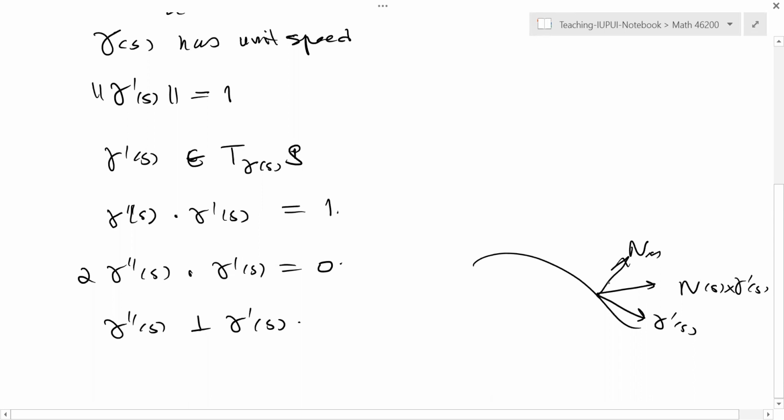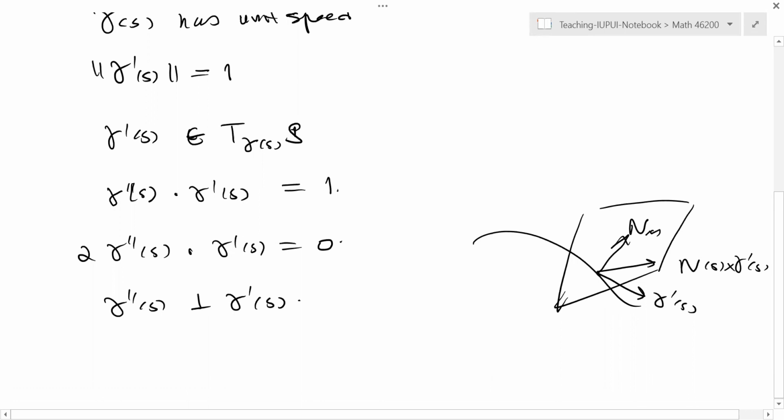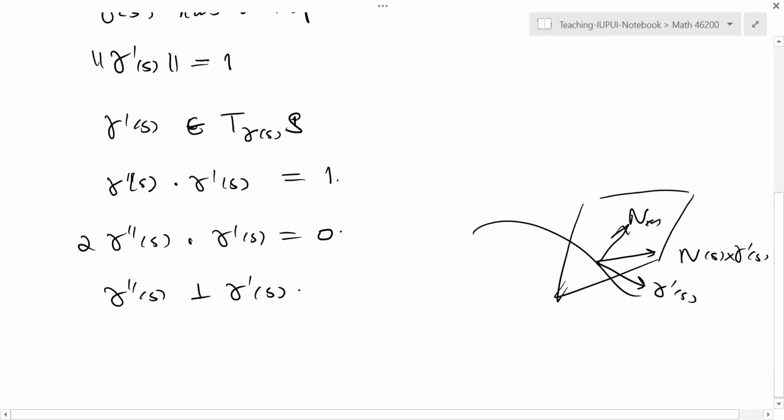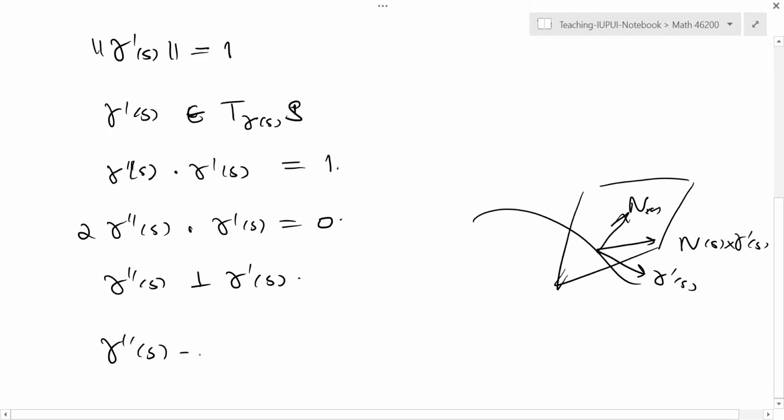So we have a plane perpendicular to the tangent vector to the curve. That plane is a linear combination of those two vectors. So gamma double prime(s) is perpendicular to the tangent vector, in the plane perpendicular to the tangent vector.